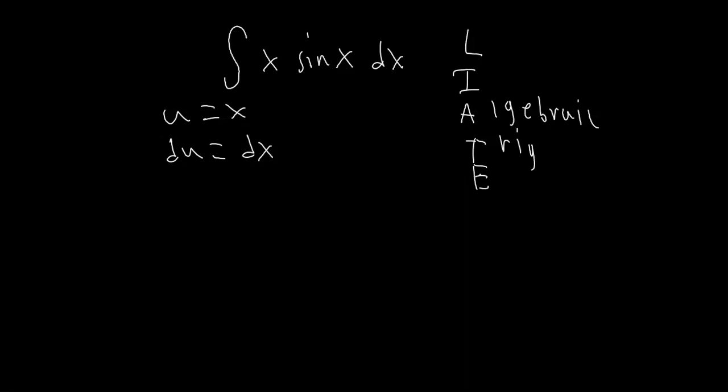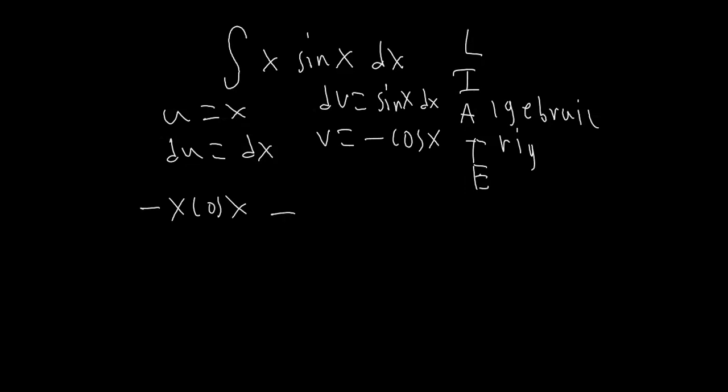Then dv is equal to sine of x dx, and v is equal to negative cosine x. Then u times v is x times negative cosine x, minus, remember, the integral of v times du, which is negative cosine x times dx, so you put dx here.